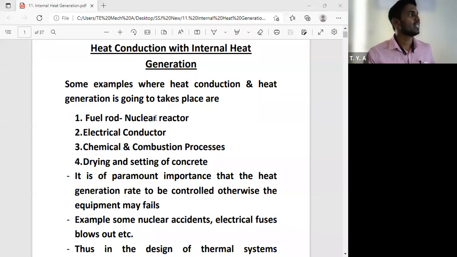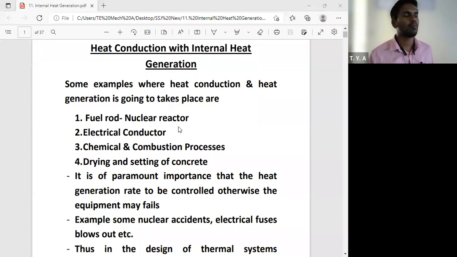So what are the examples where heat generation takes place? Write down the examples. Fuel rod in the nuclear reactor: in that, internal heat generation is there, so this is an example where QG has some value. Then electrical conductor, in which also some heat will be generated.